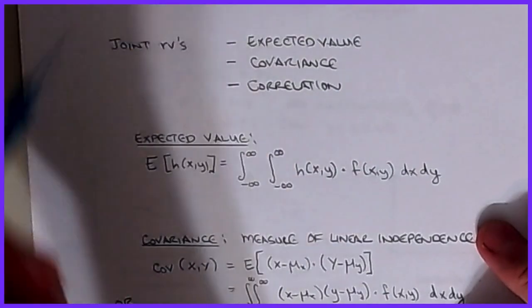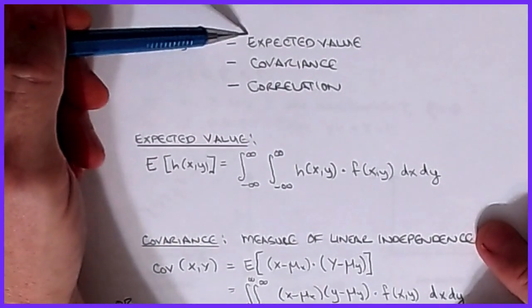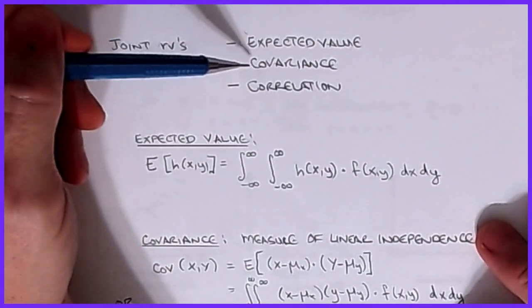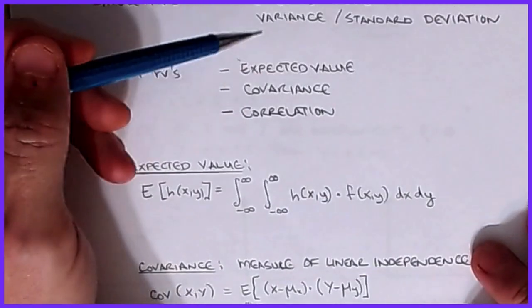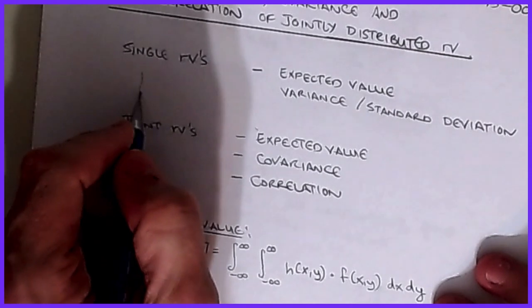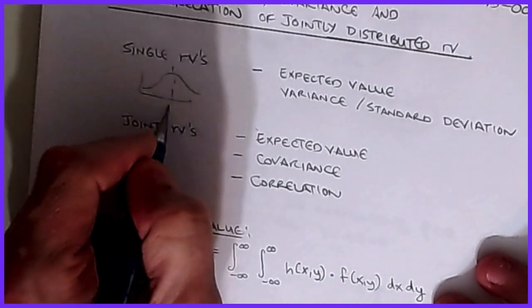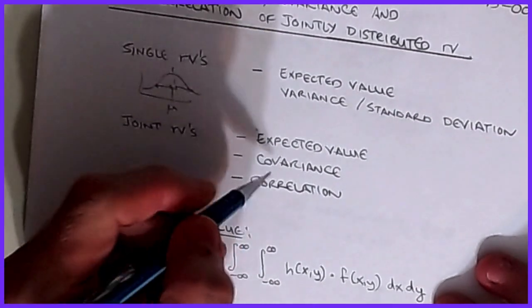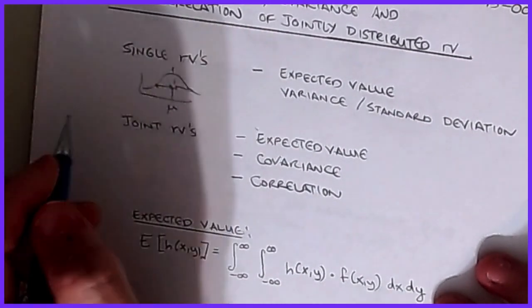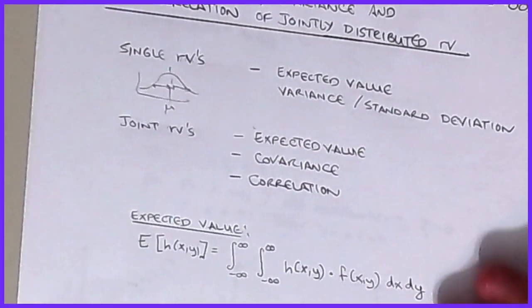With joint random variables, we again have an expected value, but now we also have what we call a covariance as well as a correlation. Remember, variance was measuring the distance from the mean, an estimate of the spread. Well, now with covariance, I'm doing this in two directions, so we have to come up with a slightly different formula.